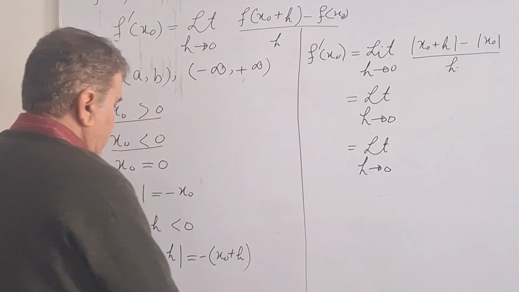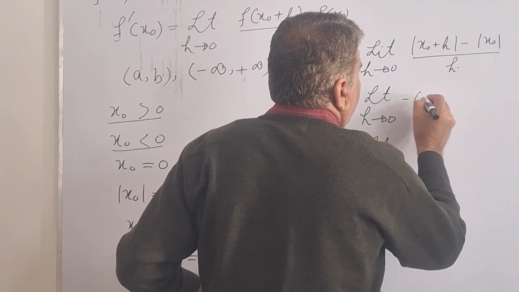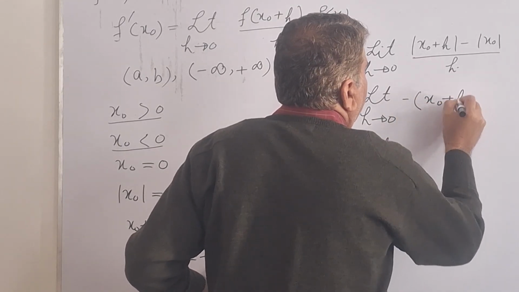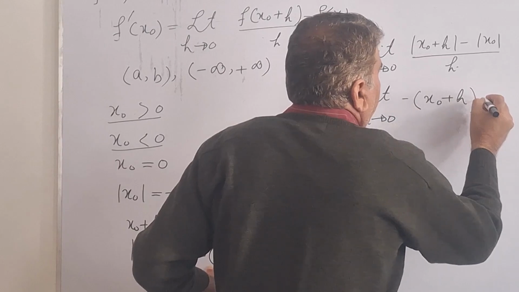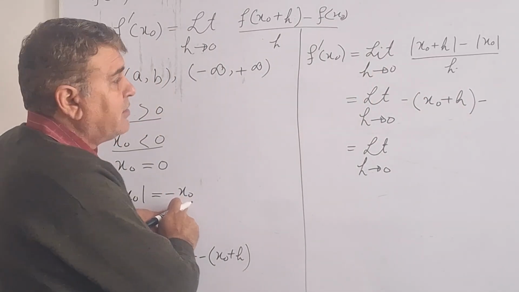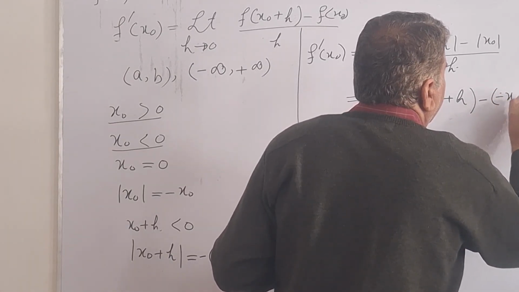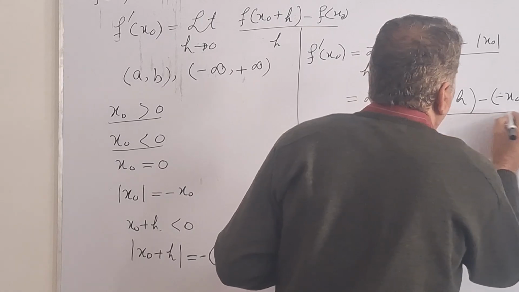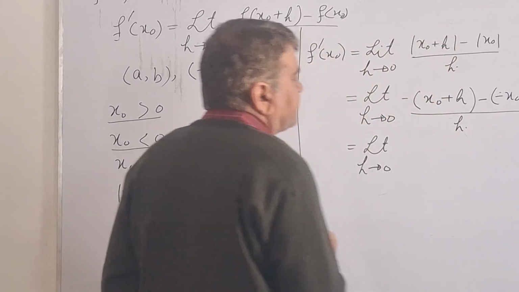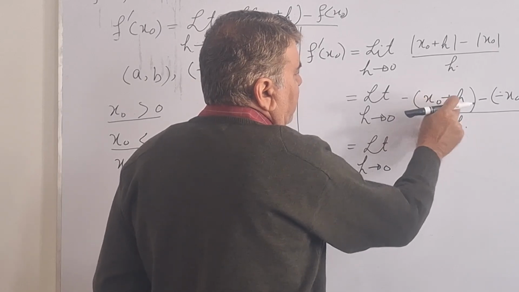X naught plus h would be equal to minus x naught plus h, so I'll write minus x naught plus h minus, and x naught would be equal to minus x naught, so I replace that with minus x naught, and then the whole divided by h. So if I multiply this x naught with this, in this they will become negative.